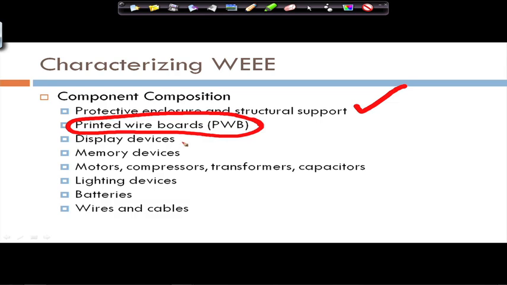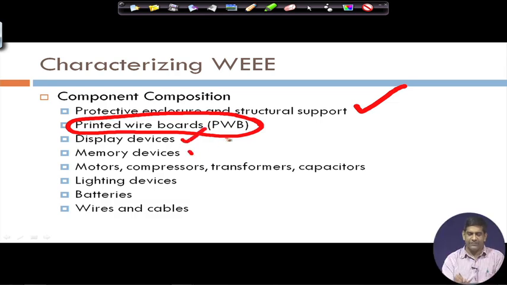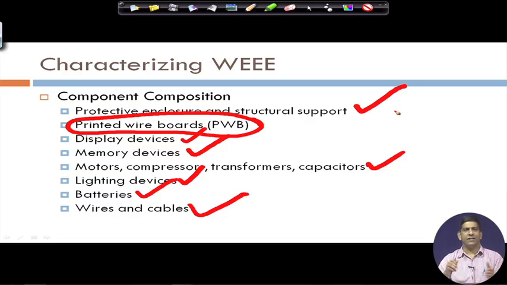Then you have a display device, and a memory device. For our laptops and desktops, we have RAM and also our hard disk. Then we have some motors, compressors, transformers, capacitors. There could be some lighting device, batteries, wires and cables. So, in general, these are the different components in electronics.